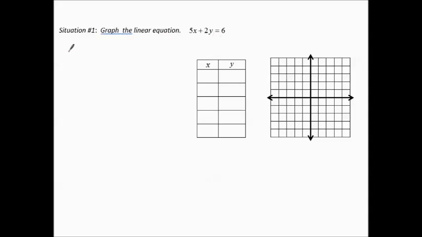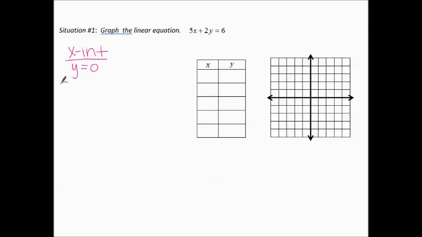In the last lesson, we looked at graphing this equation using our x and y intercepts. So let's try that again. Remember, if we wanted to find the x-intercept, this was where y is equal to 0.